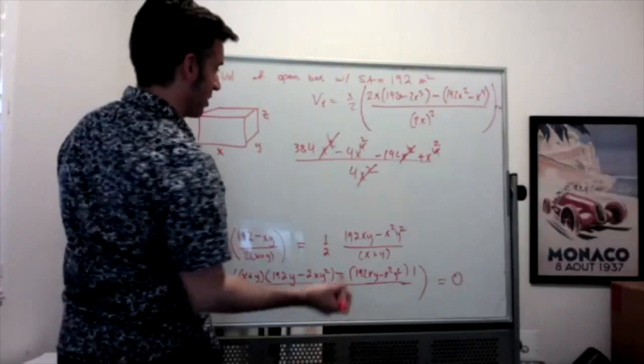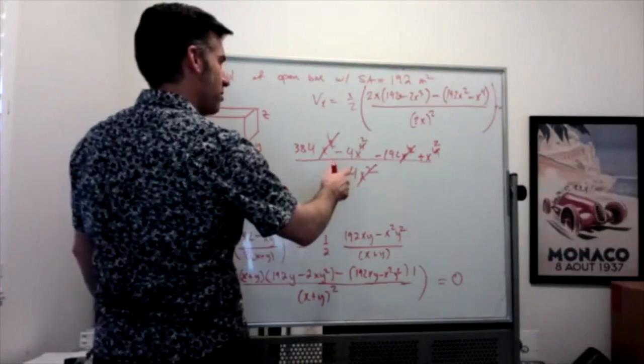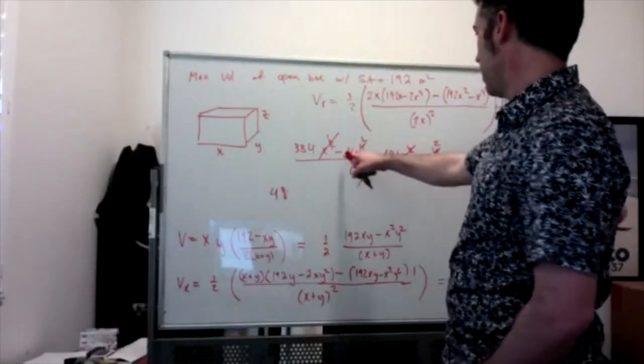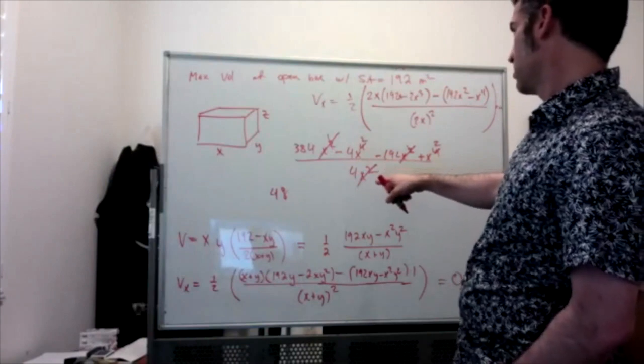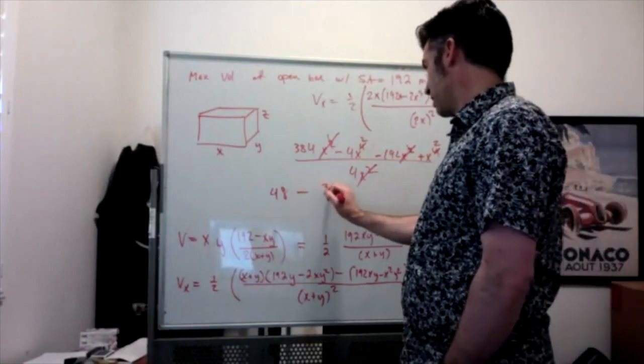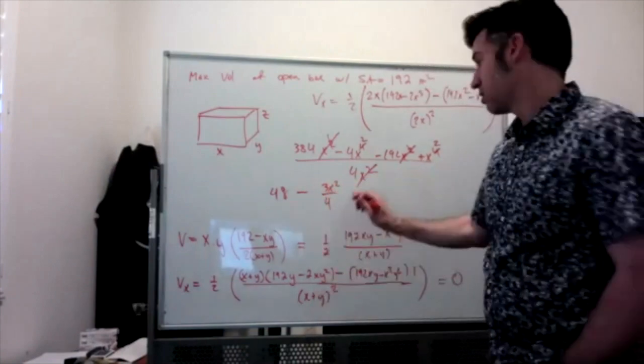Divide that by 4, you're going to get 48. And then you've got a minus 4x squared plus x squared, so a minus 3x squared over 4, right? Because that doesn't divide by 4 nicely.